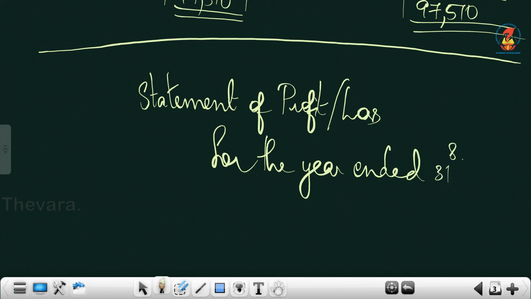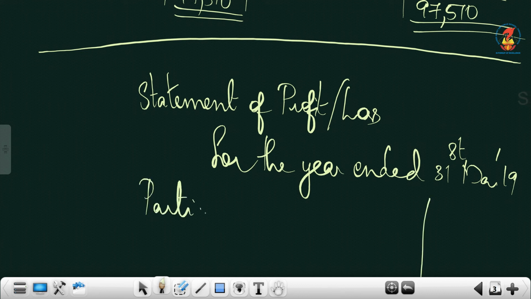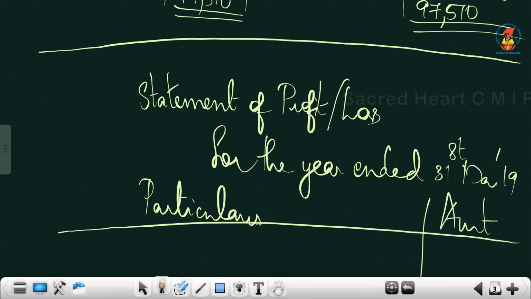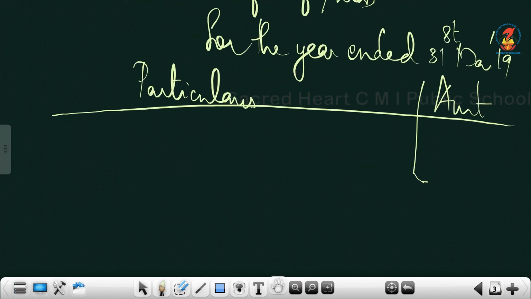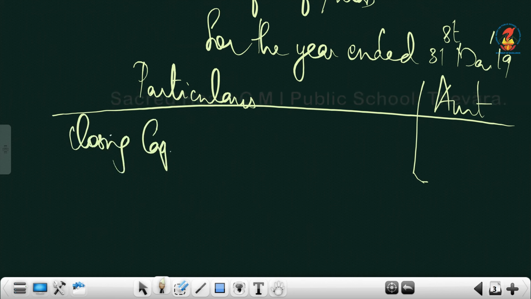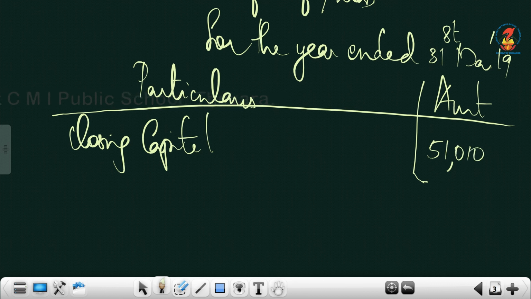Statement of P&L for the year ended 31st March 2019. Particulars in one amount column. So closing capital, the amount is 51,010.